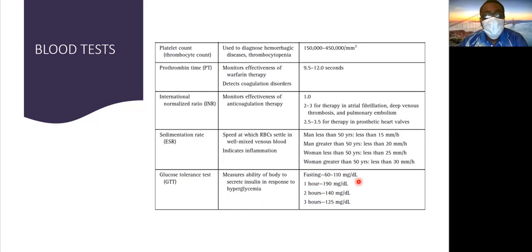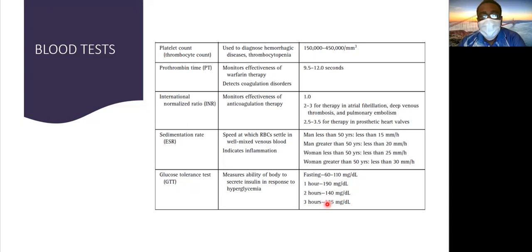Then after the 1 hour mark, you sample your patient again, the value should be 190 milligrams per DL after 1 hour. After 2 hours, it should be less than 140 milligrams per DL.